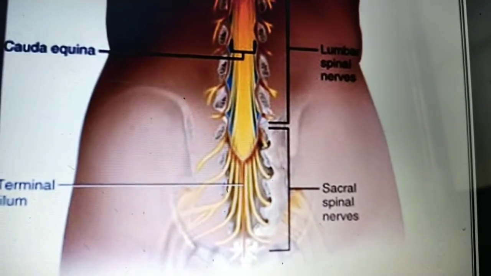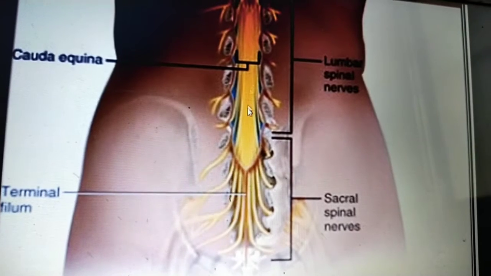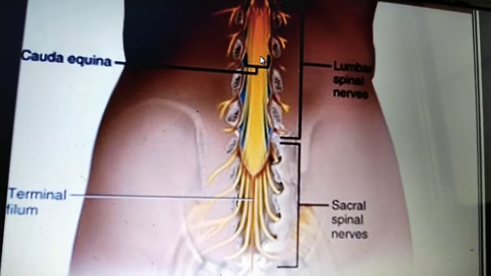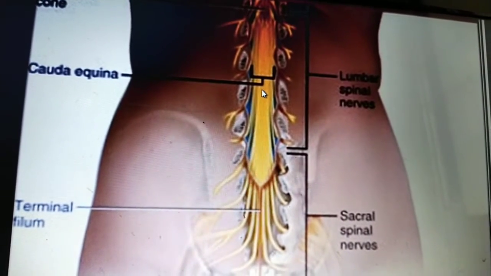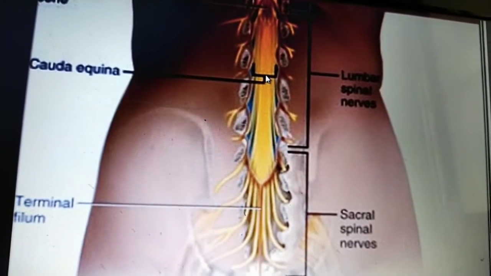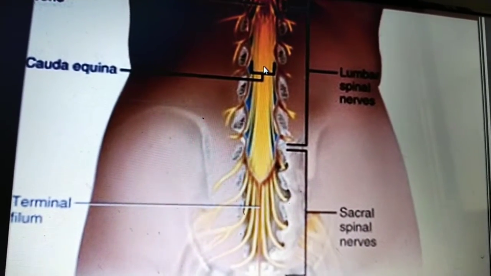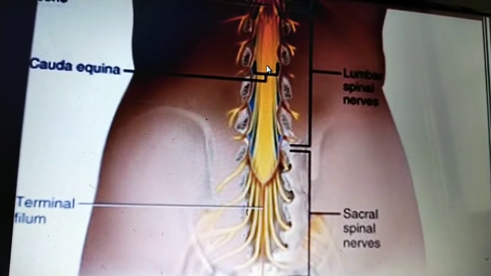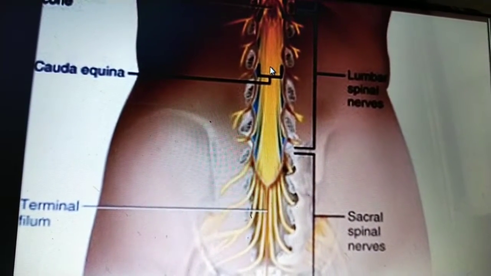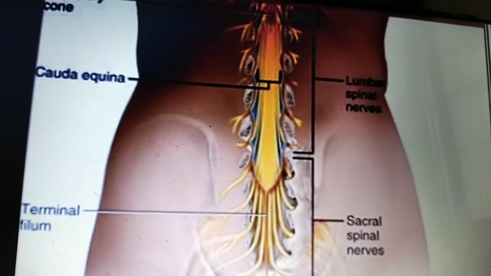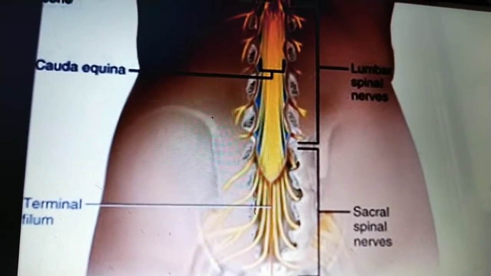Below the medullary cone is the cauda equina. The word came from Latin, and cauda equina means horse tail. It looks like a horse tail. A cauda equina is a bundle of spinal nerves and spinal nerve rootlets, and it consists of the second through the fifth lumbar nerve pairs.